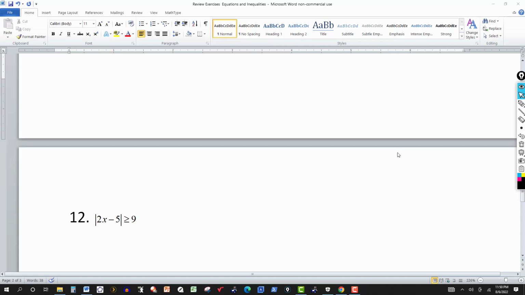And then the next one, solve the absolute value of 2x minus 5 is greater than or equal to 9. This would mean that 2x minus 5 could be greater than or equal to 9, or 2x minus 5 less than or equal to -9.